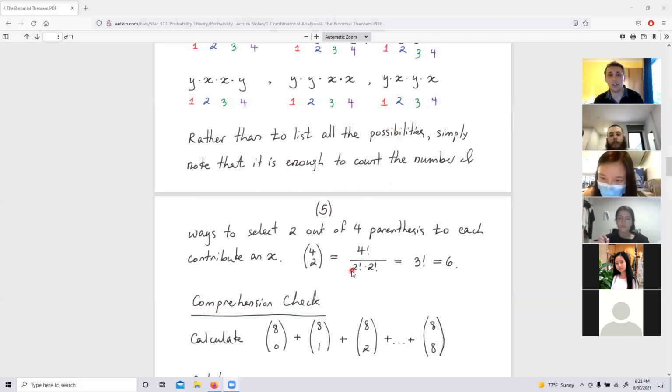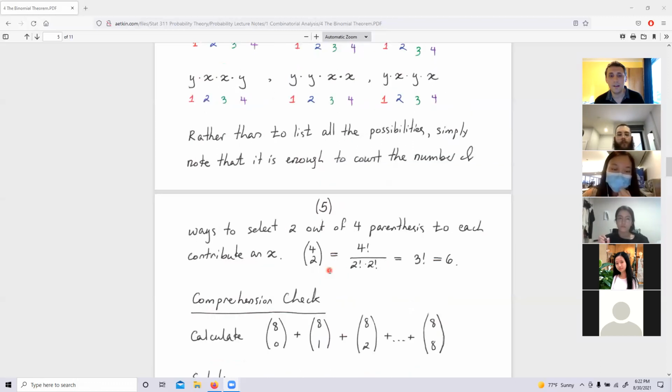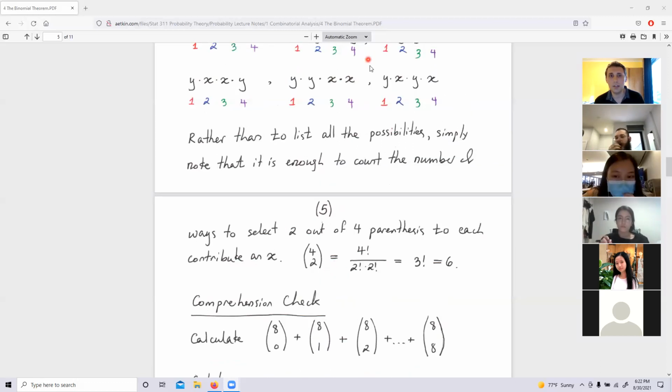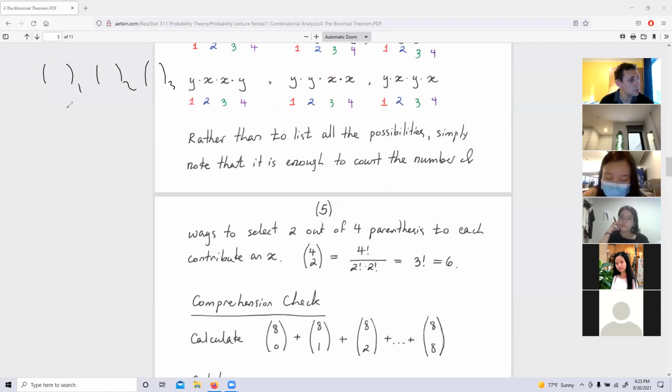Well, guys, each student is like a parenthesis, yes? So if I have 8 students, I have 8 parentheses. And each parenthesis, that's one way to solve it, each parenthesis, so parenthesis 1, parenthesis 2, parenthesis 3 onwards, can contribute, either be present or be absent, yes?